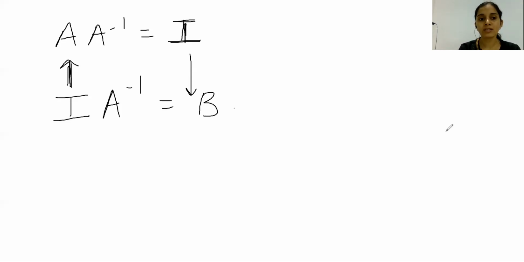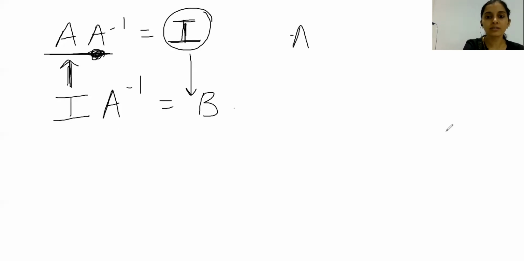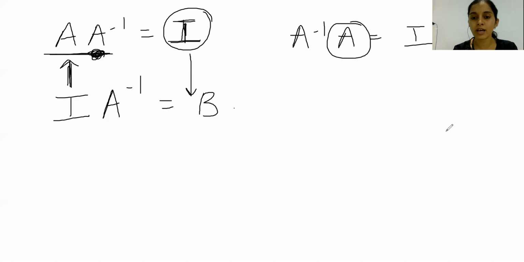But the rule of matrices says that if you are working on a prefactor, meaning something that comes before what you are finding, I'm finding A inverse and I am working on A, so if I'm working on the prefactor, whatever I do to the prefactor, I will do to the right hand side identity matrix. Similarly, if I had something like A inverse A equal to I, here A becomes the post factor of what I have to find.